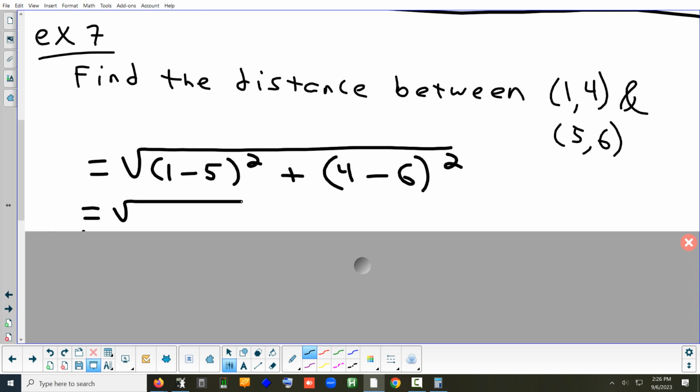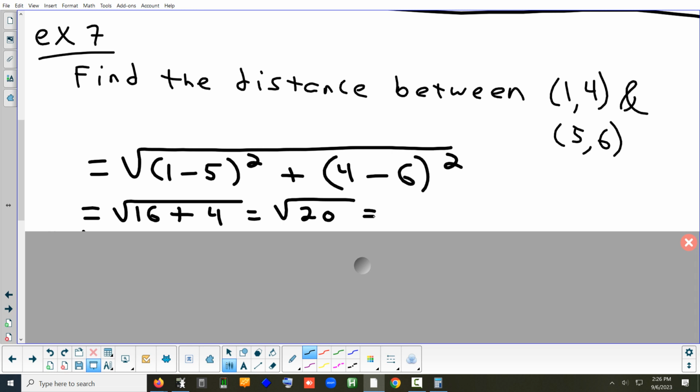It wouldn't really matter because then when you square it, you get 16. How about 4 minus 6? Negative 2. And what about when you square that? 4. And that gives you the square root of 20.